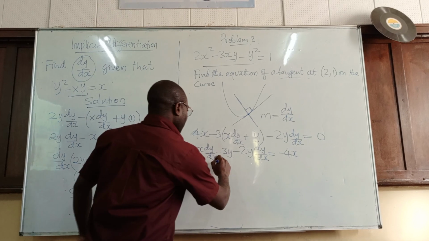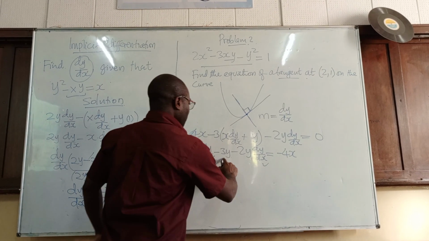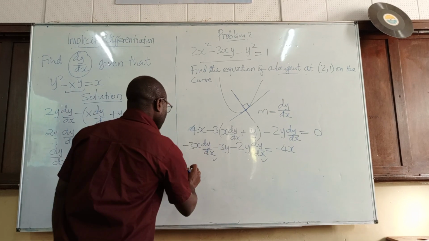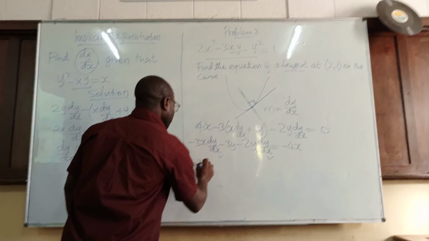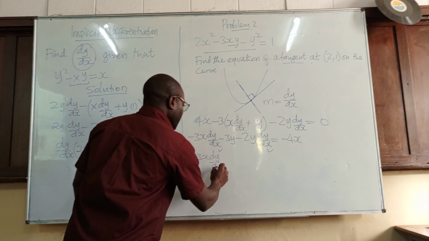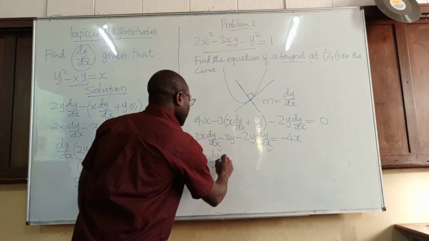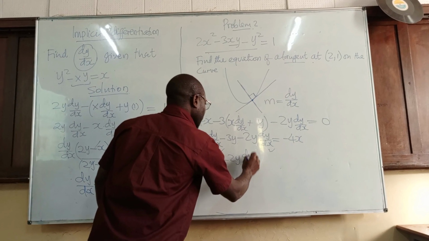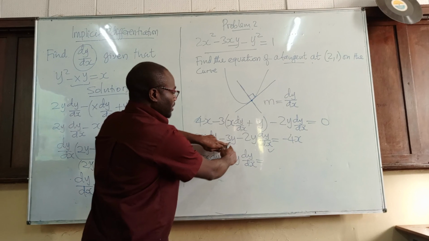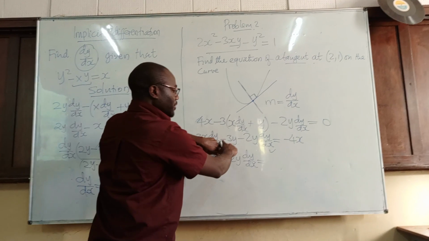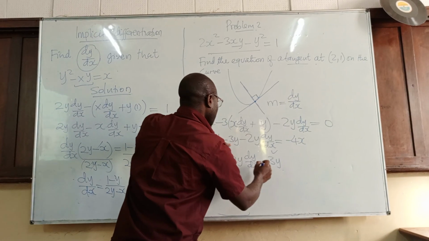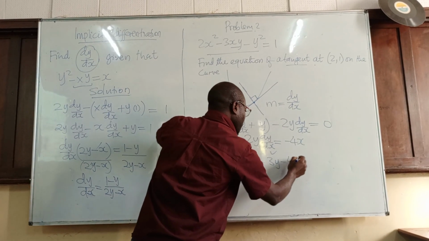Again, we collect this and this one, and then this one will go to the other side. So we can write this as negative 3x dy over dx. Perhaps I can even factorize, but before that, let me write first this equals. Now this one will join with this. This is negative, so when it goes to the other side, it becomes positive. So it will be 3y and then minus 4x.